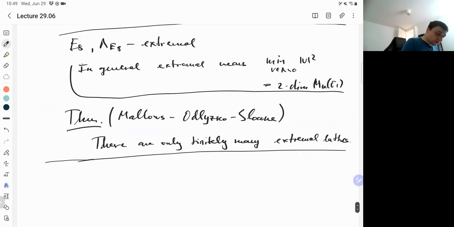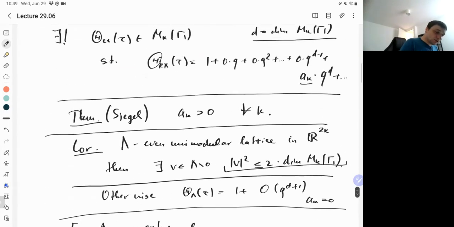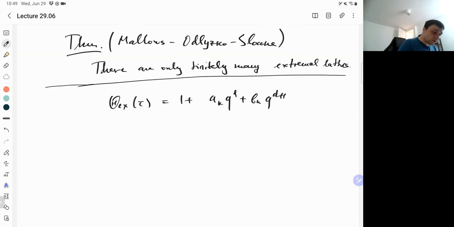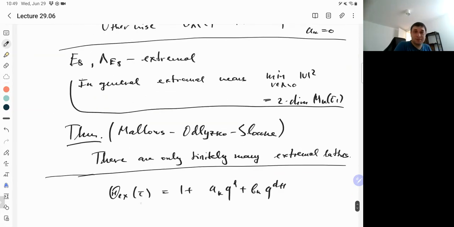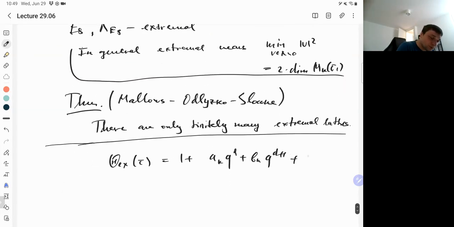I won't say anything about the proof, but basically you look at this theta series. We know that any extremal lattice has the same theta series. That follows from what I was talking about before.